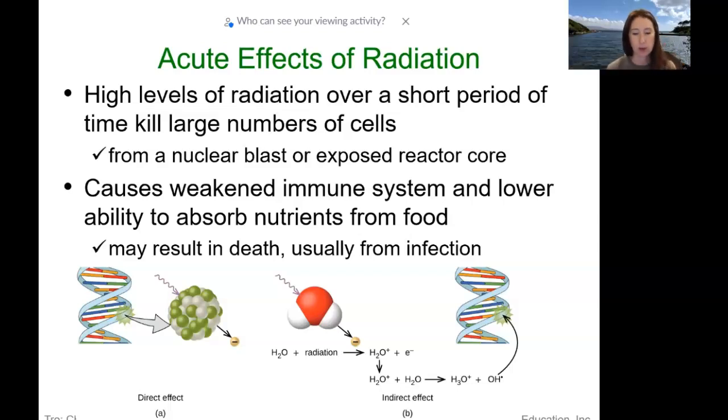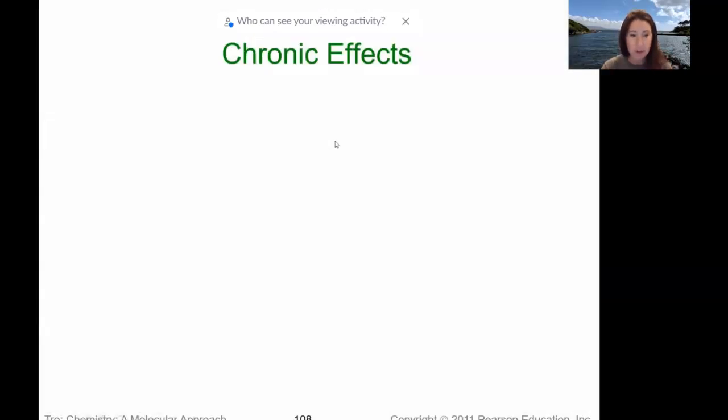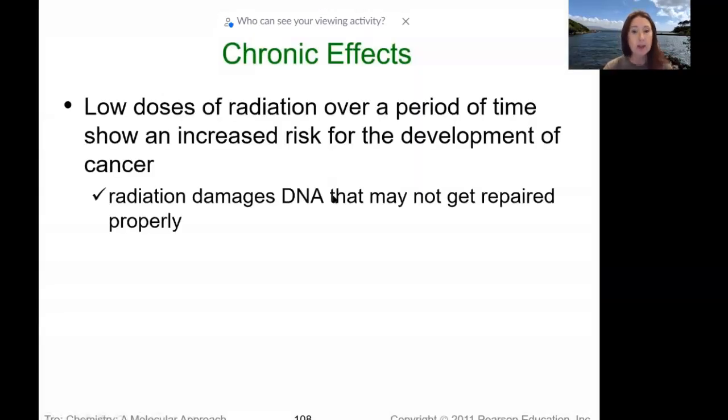For example, a nuclear blast or exposure to a reactor core would be acute. This can cause a weakened immune system, lower the ability to absorb food, and death. But the death is usually from infection, and we're going to look at all the different ways of acute irradiation today.